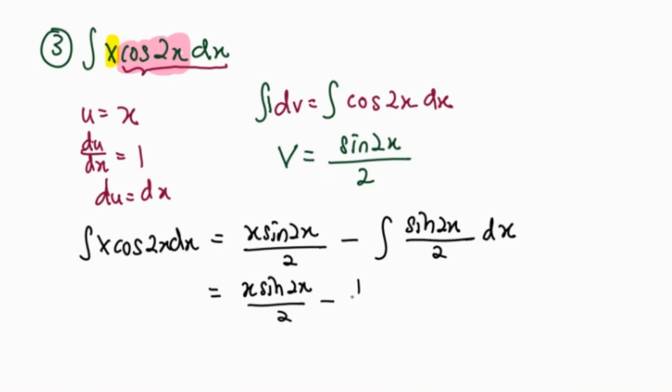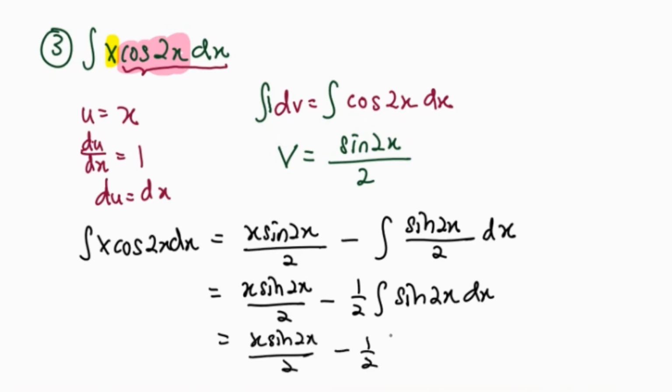First, we take out the 1 over 2. Then we only integrate sin 2x with respect to x. So when we integrate sine, it will give you negative cos. I hope that you're familiar with your formula already, where your angle here, 2x, is divided by 2, then plus c.